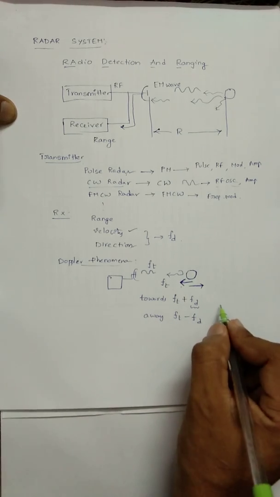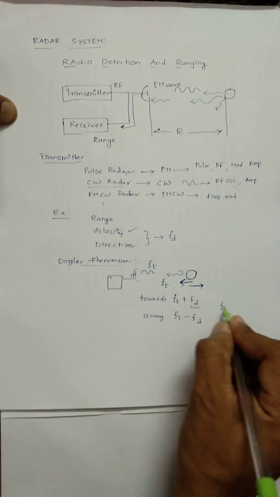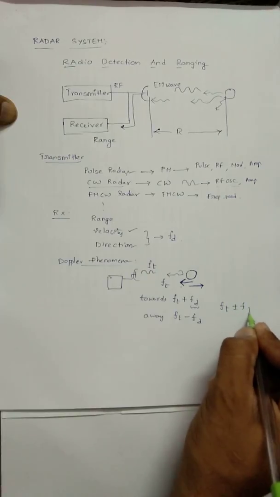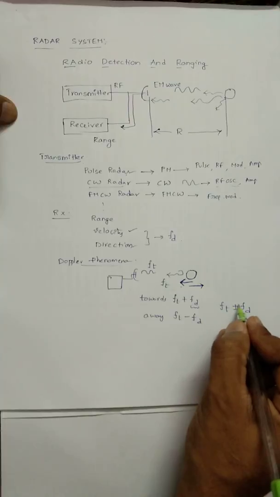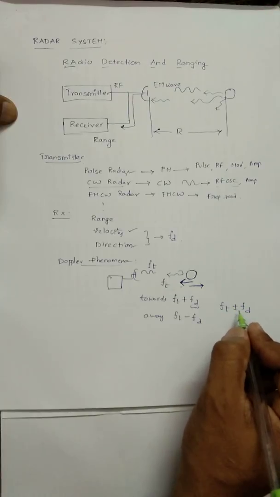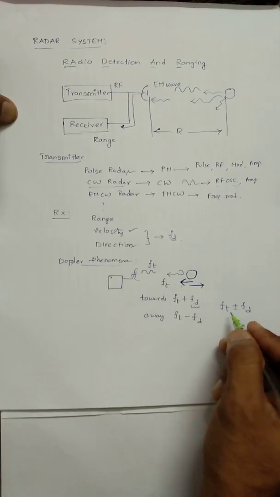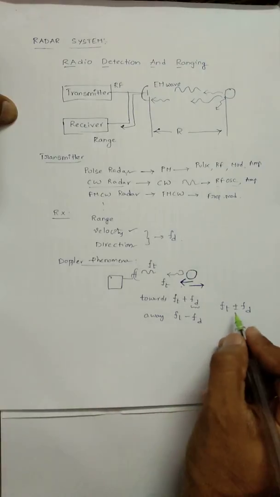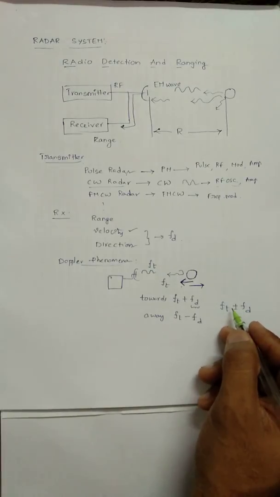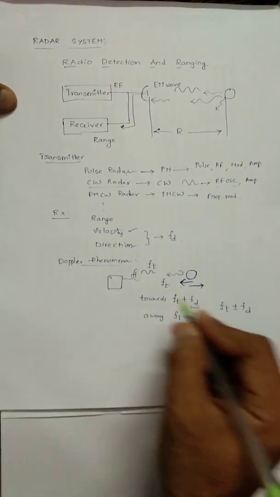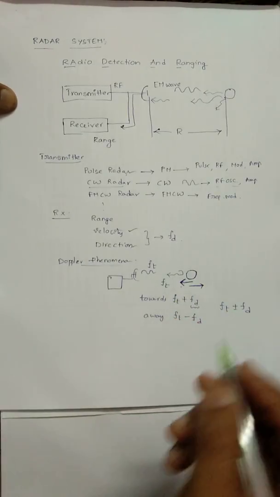So in general, when we take the Doppler effect into consideration, we use ft plus or minus fd. Plus is for the towards direction and minus is for the away direction. Depending on the Doppler frequency, plus or minus, that is, whether the original frequency is decreased or increased, we determine the direction of movement of the object.